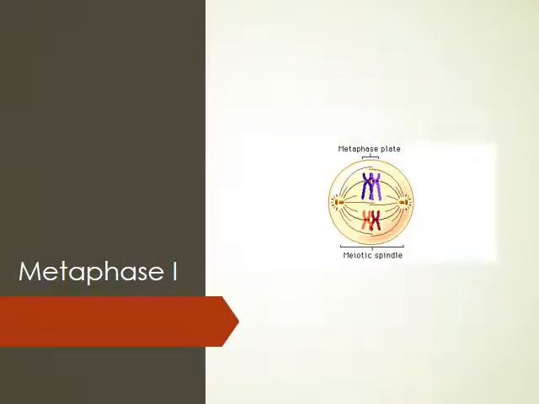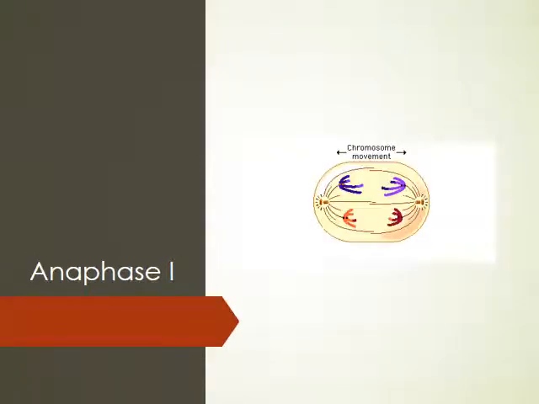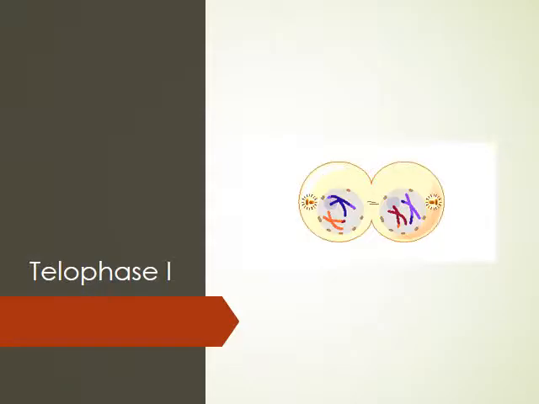Metaphase: the microtubules have attached to the tetrads and pulled them to the center of the cell. Anaphase: the tetrads are pulled apart, moved to either end of the cell. And telophase: the nuclear envelope reforms, and you get two distinct daughter nuclei.